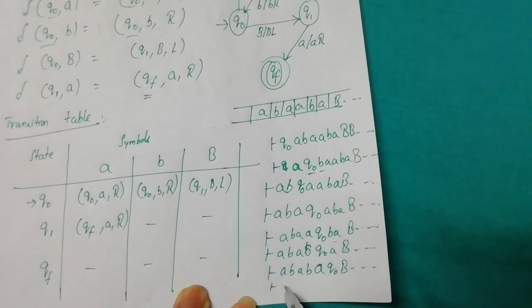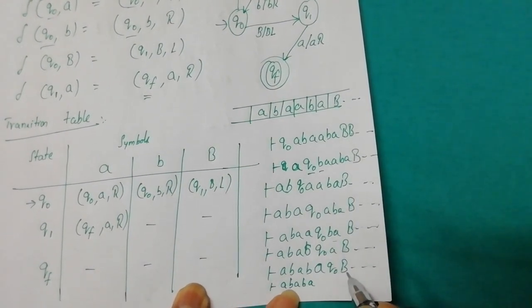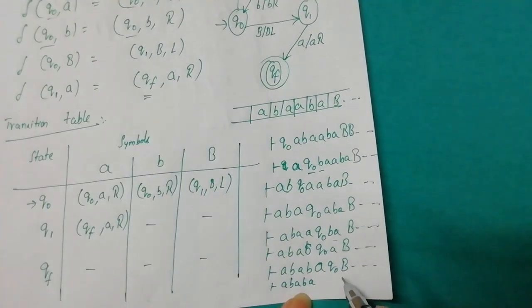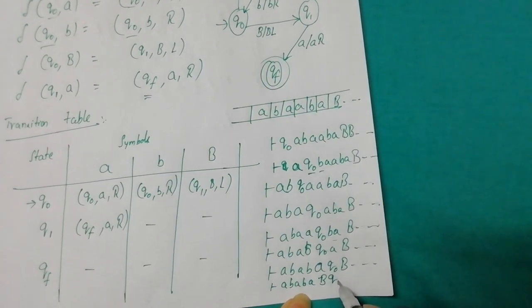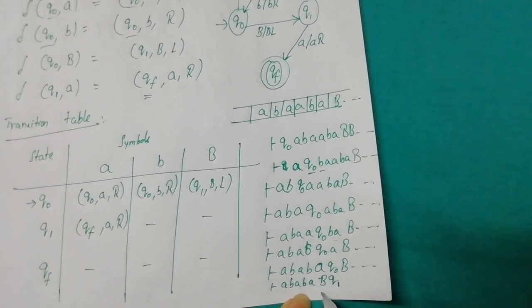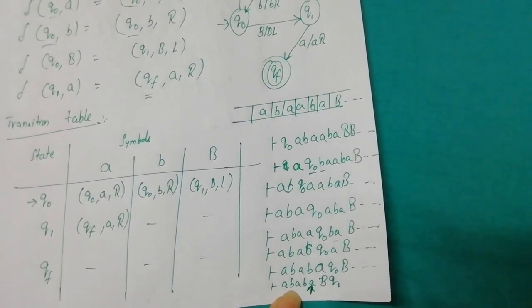Q0 come across with blank, we are changing to state Q1, and we move one cell to the left direction, and now read write head positions here.